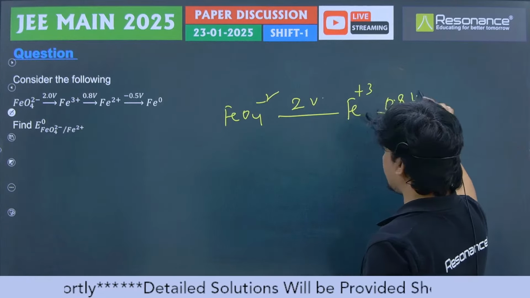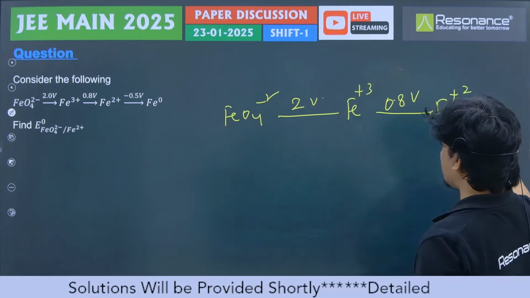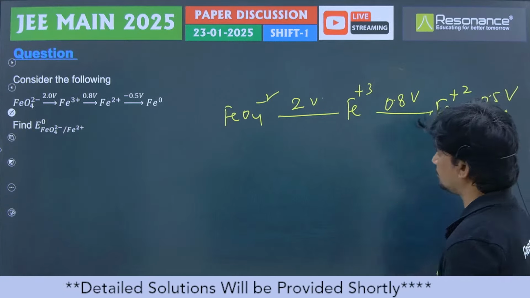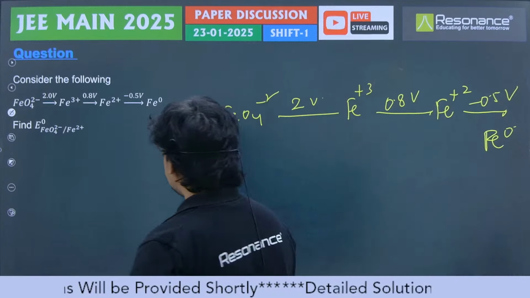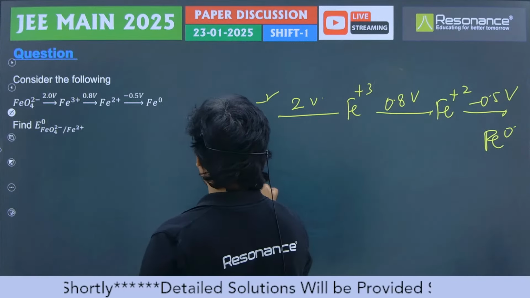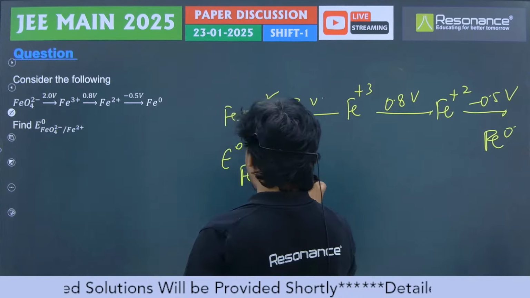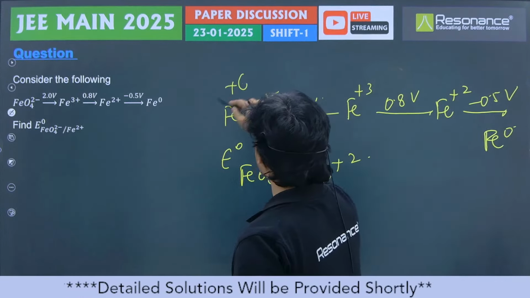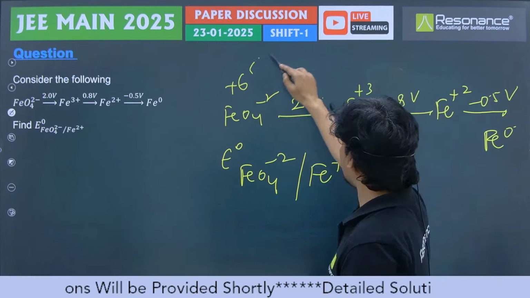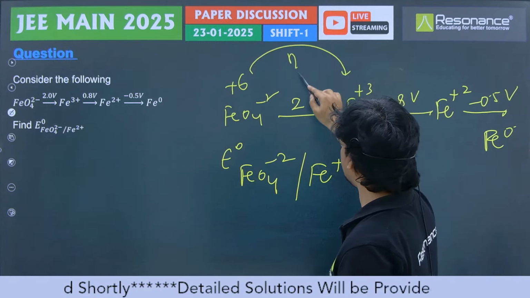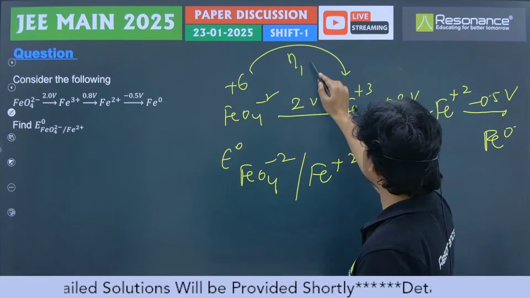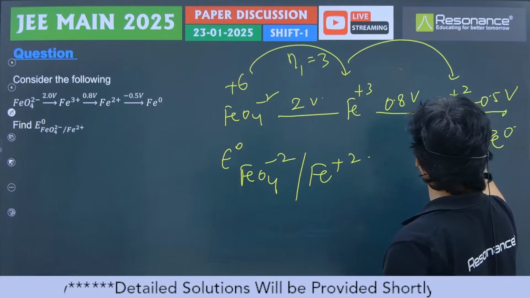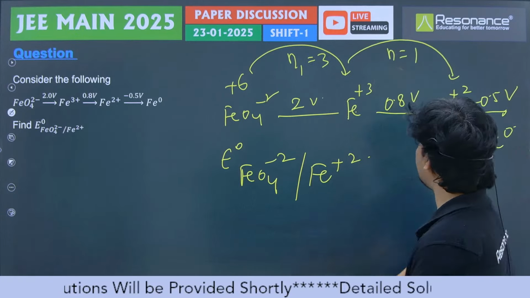Here 0.8 volts, and then we get Fe +2, and here 0.5 volts, and finally Fe0. Then what we have to find out? E0 for FeO4 -2 to Fe +2. Here iron is in what oxidation state? +6. And how many electrons are involved? You can take n1, n1 is 3. Here iron goes from +3 to +2. The number of electrons involved is what? 1.